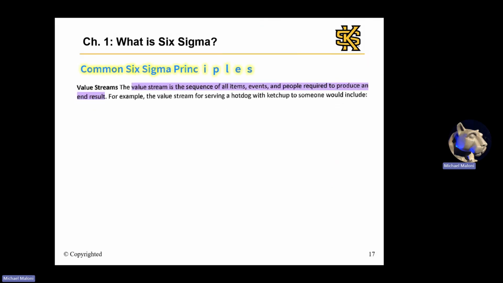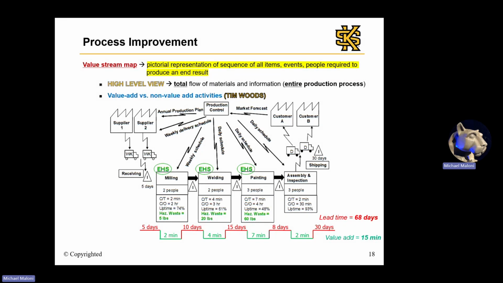Value streams represent the sequence of all items, events, and people required to produce an end result, such as a product and/or service. And then a value stream map is a pictorial representation of that sequence.